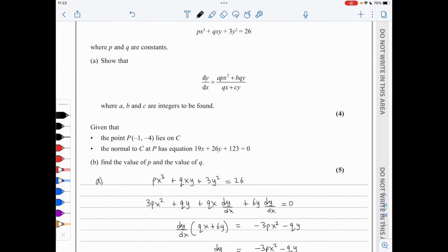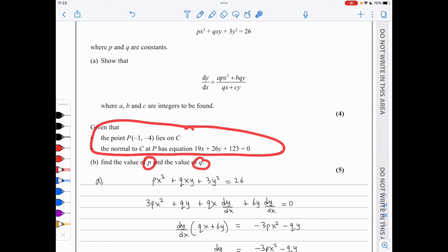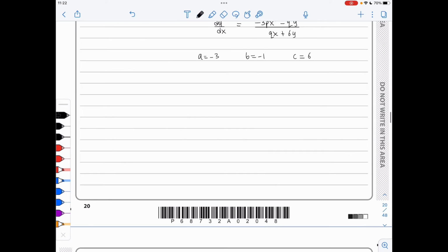In part B, I need to find the value of P and the value of Q, given that we've got the point P with coordinates negative 1, negative 4 lying on C, and that the normal at P has this equation here. I will actually start from this second piece of information because I can rearrange the equation of the normal in order to recover the gradient of the tangent. So, starting from 19x plus 26y plus 123 is 0, we can say that 26y is minus 19x minus 123.